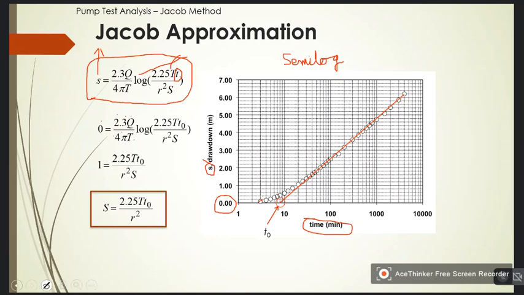This will be 0 when this quantity is equal to 1. What is log 1 to the base 10? Log 1 to the base 10 is 0.